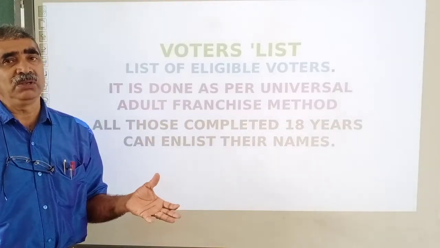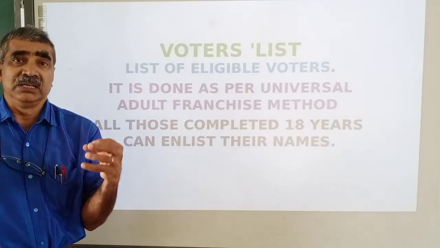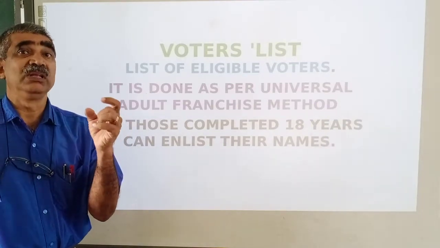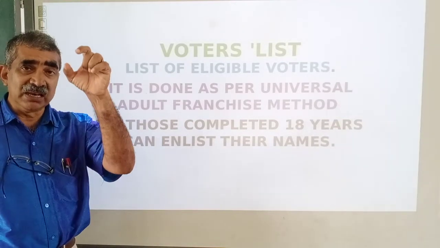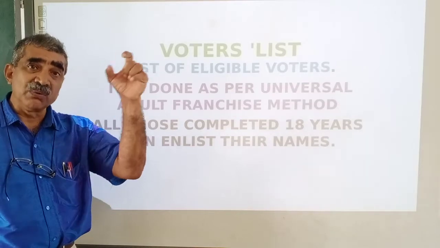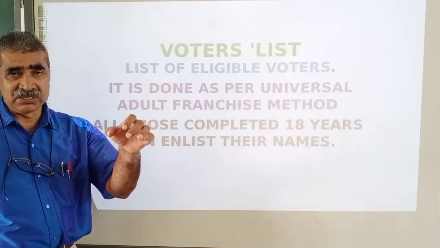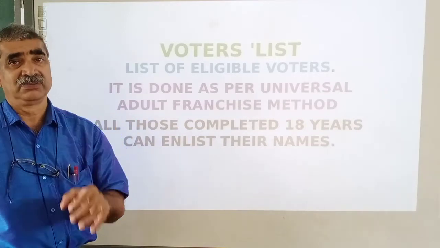So naturally, when we give the details, we will give the residence address, the place where we live. Our name will be in the list for the address we have given. The Election Commission has divided the country into different wards.